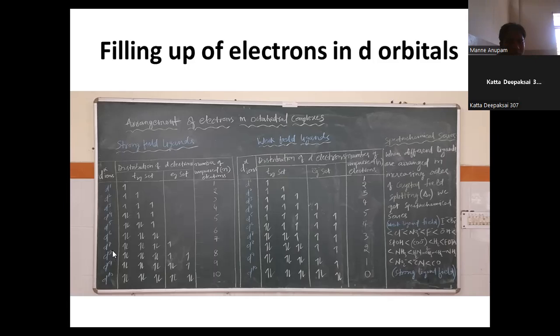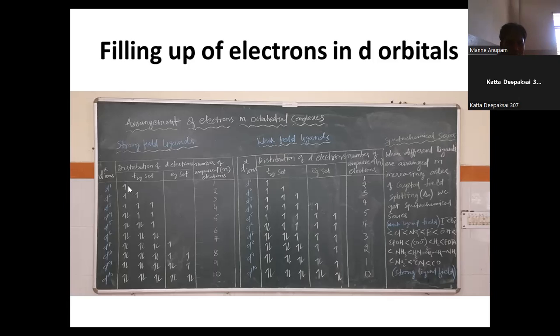Strong field ligands are like this. Weak field ligands are like this. In strong field ligands, electrons are distributed in this way. In weak field ligands, electrons are distributed in this way.